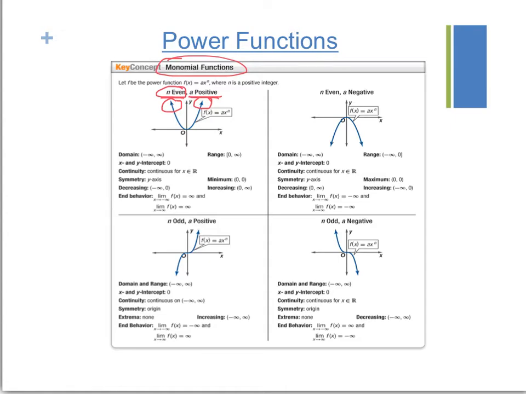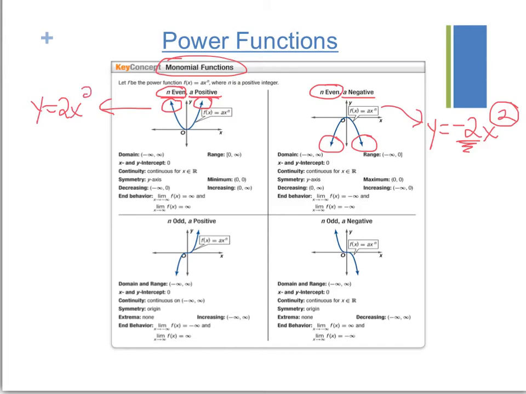Now, if n is even but the coefficient is negative, for example y = negative 2x squared, then both ends are going to be pointed down. An example of the graph where n is even and a is positive could have been positive 2x squared.